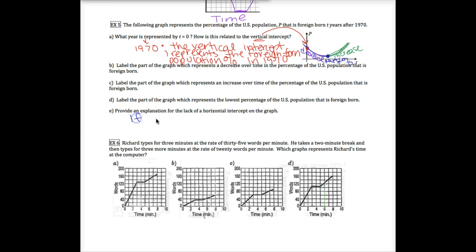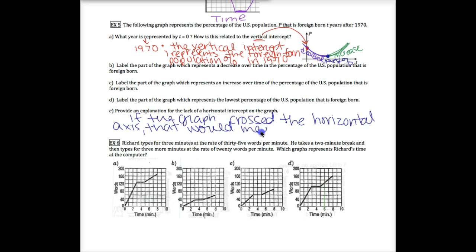So we can just say if the graph crossed the horizontal axis, that would mean that 0% of the population was foreign born, which is never going to happen.